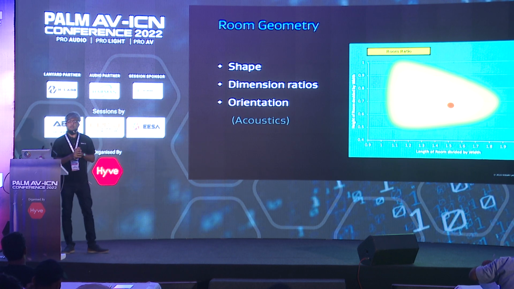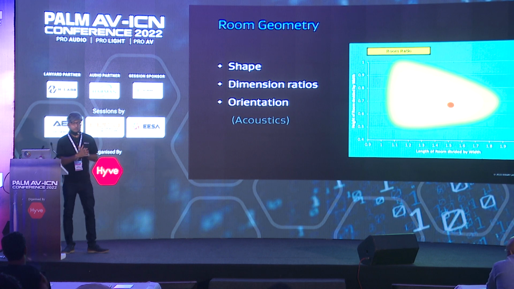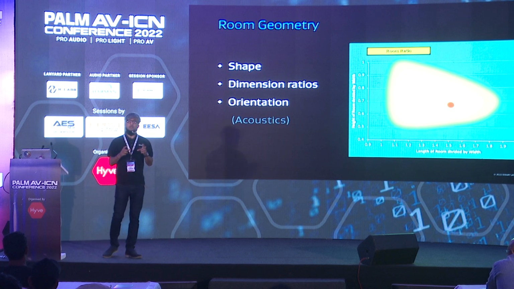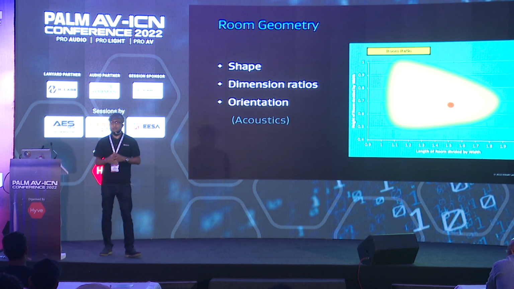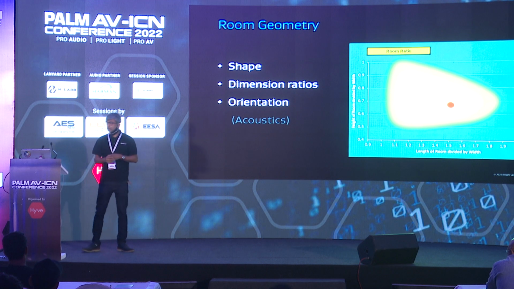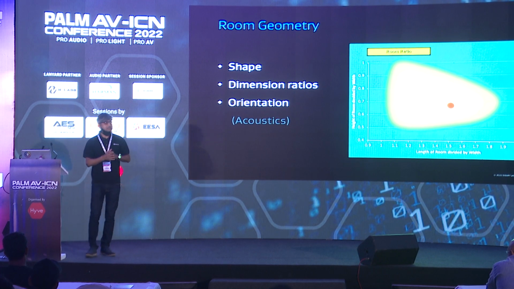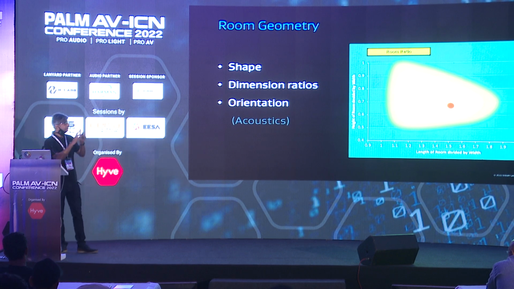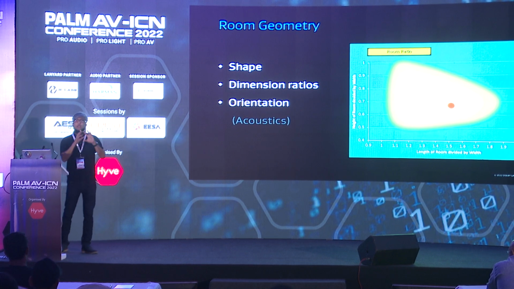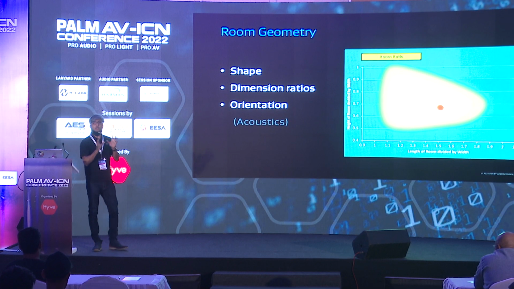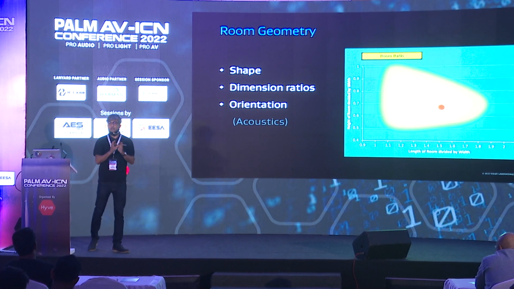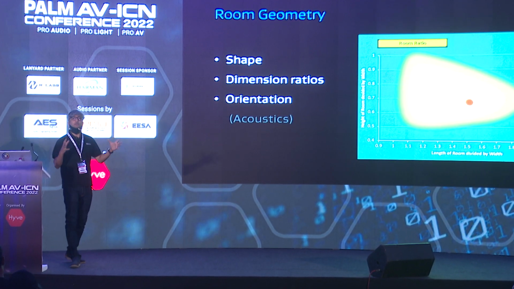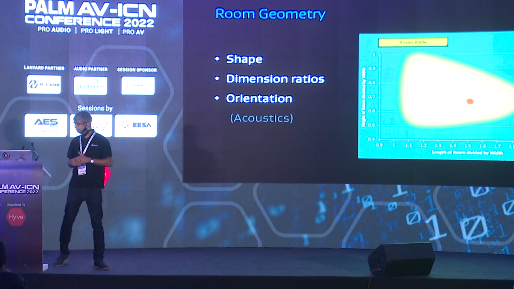And when I'm talking about the room dimensions, there are certain golden room ratios. You can just look up on the net and see what details you can find out. But this chart, this graph, gives you a sense of how your room dimensions can fit in to give you acceptable acoustical performance in that space.